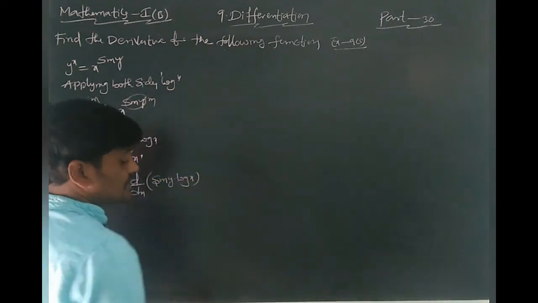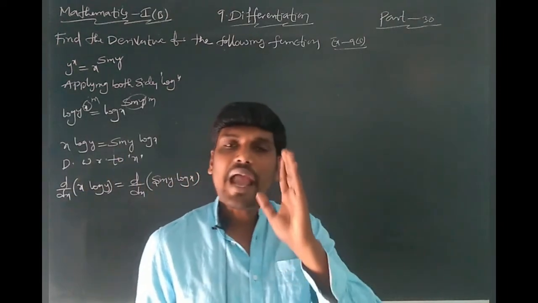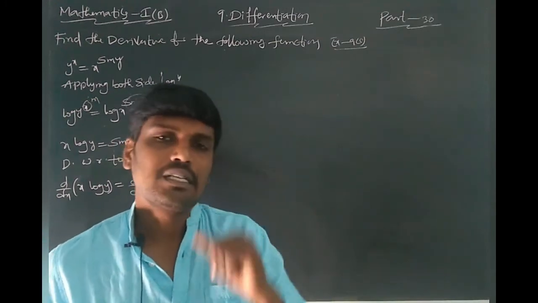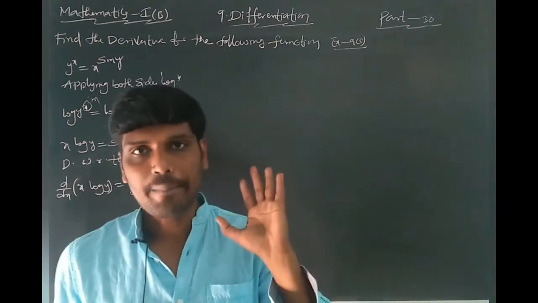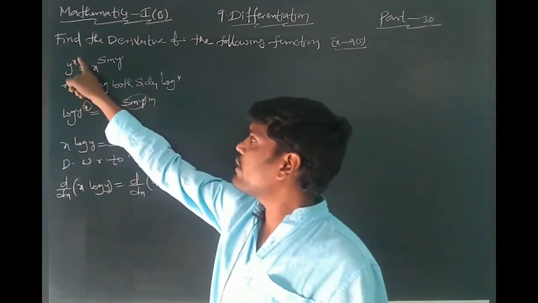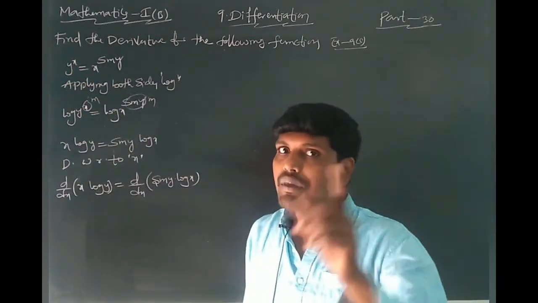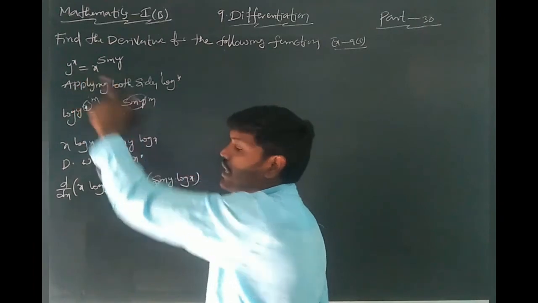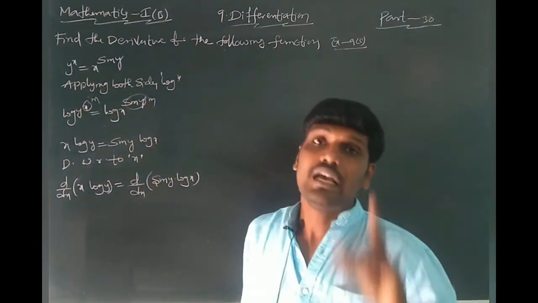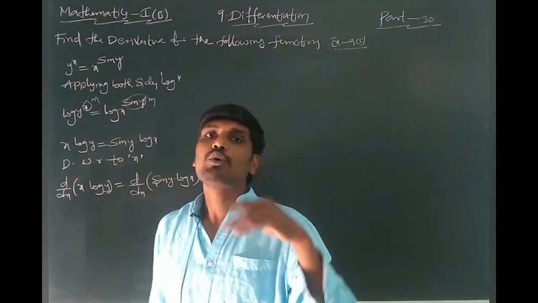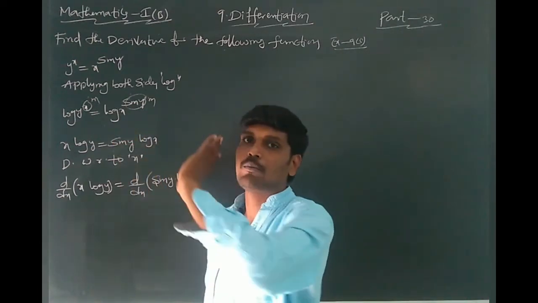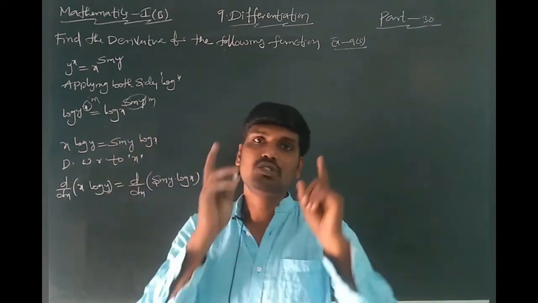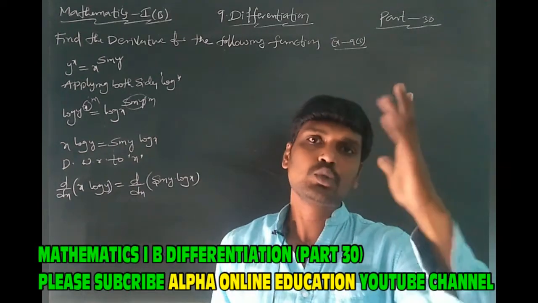See students, can you identify which method this problem needs: substitution, logarithmic, implicit or parametric? First of all, the given function is implicit, but in it the exponent form is there. For the exponent form you can use logarithm. In this implicit method you use the logarithmic method at the same time. That identification is very important; then you can do the problem.